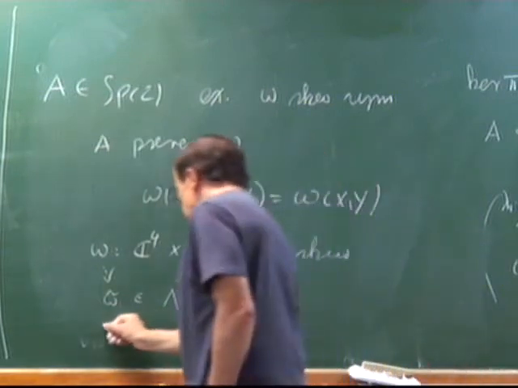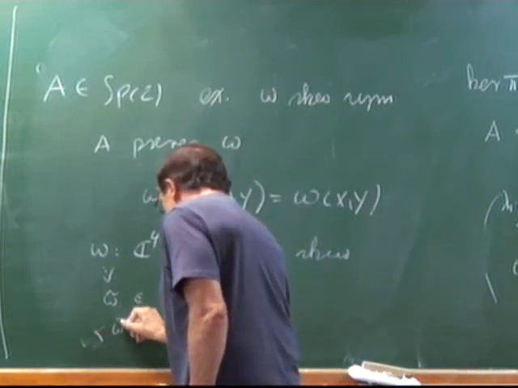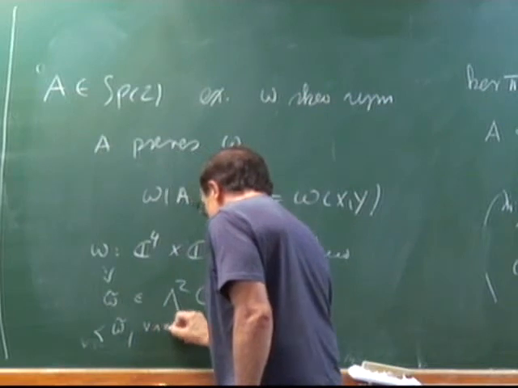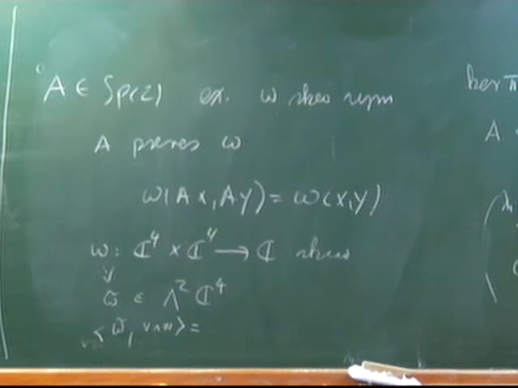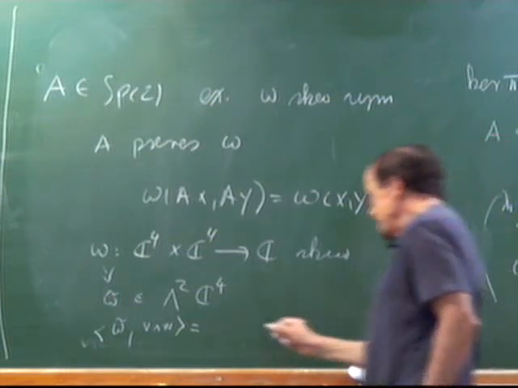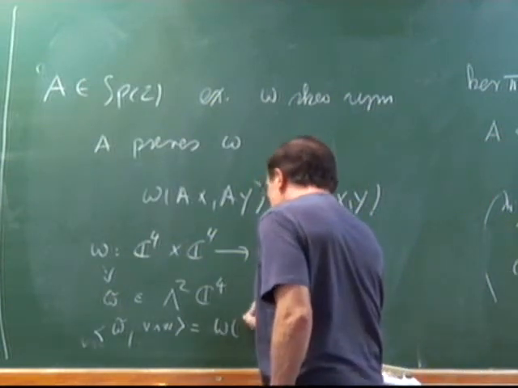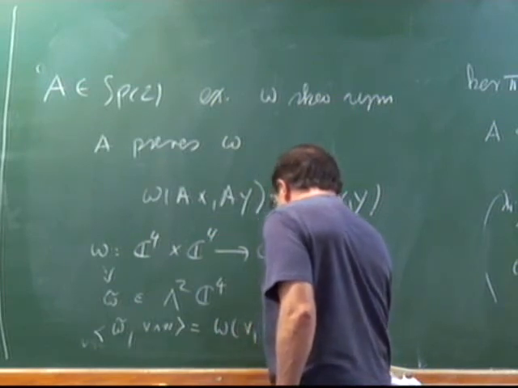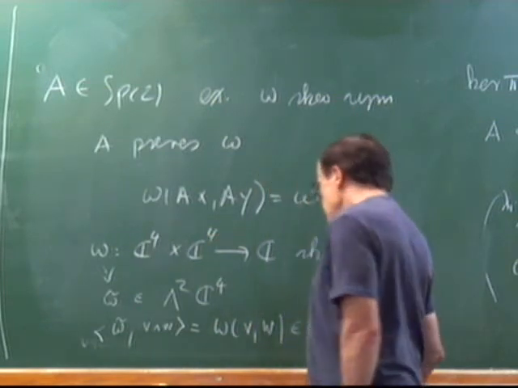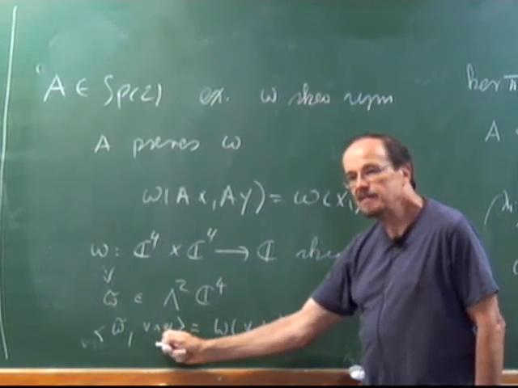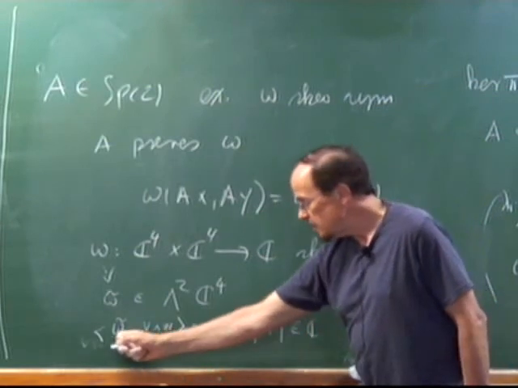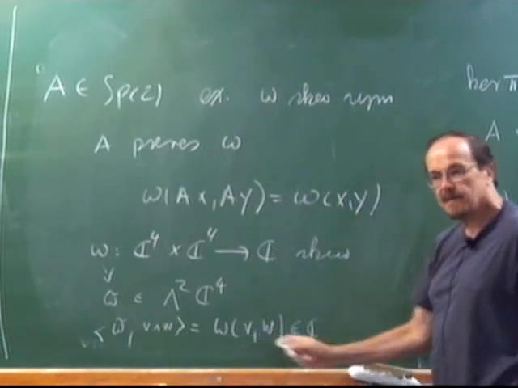I could do as follows. Let's define it by taking the inner product with anything. If I tell you what all these inner products are, I know what omega tilde is. And what should the inner product be? Omega applied to V, W. That's a complex number. It's bilinear in V and W. That makes this well defined. And since I tell you all of these, this is a well-defined element.